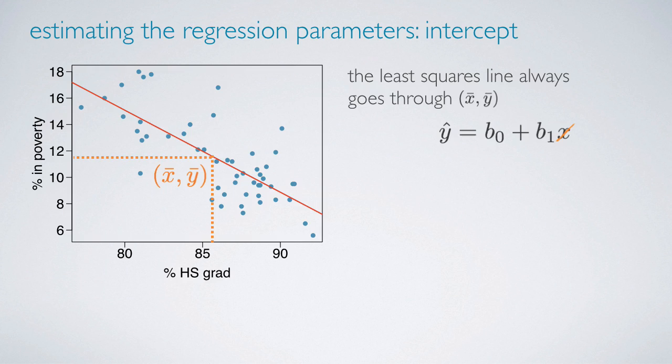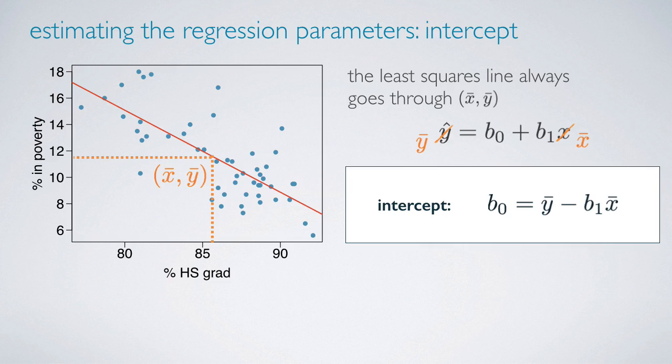And all we need to do now is to plug in x bar and y bar in our equation, because we know that the line has to go through this point, and rearrange things a bit to get the formula for the intercept. So by rearranging a bit, we can see that the intercept can be calculated as the average value of the response variable minus the slope, which we already calculated in the first step, times the average value of the explanatory variable.